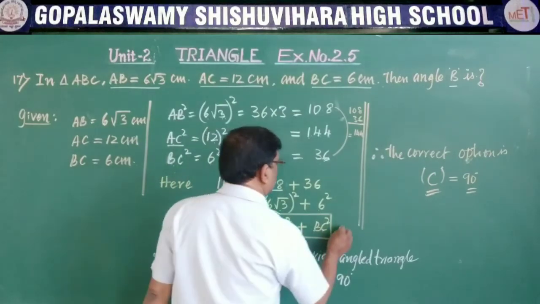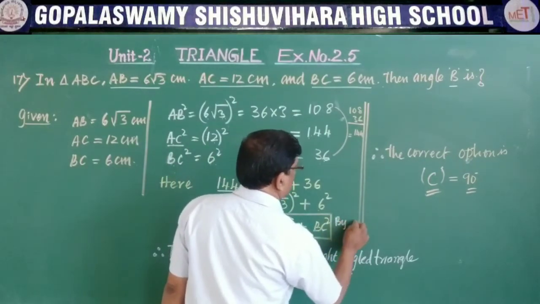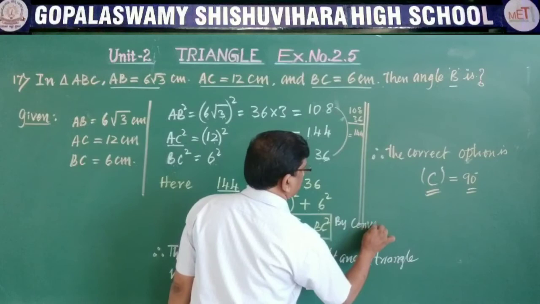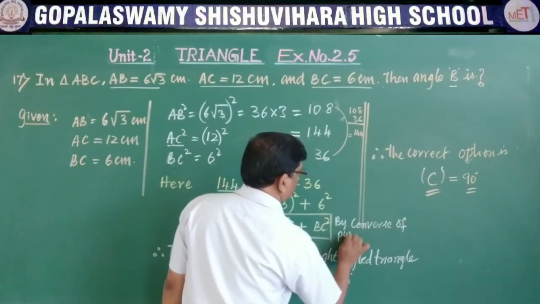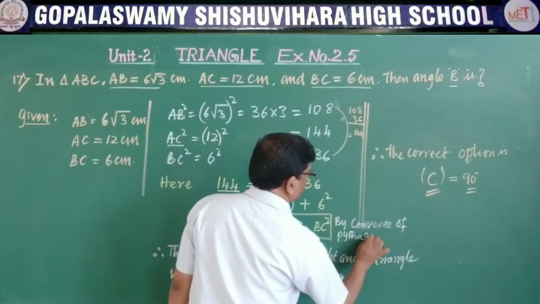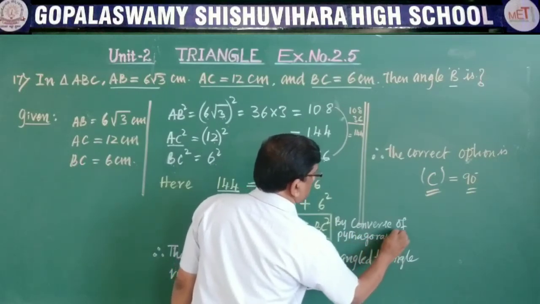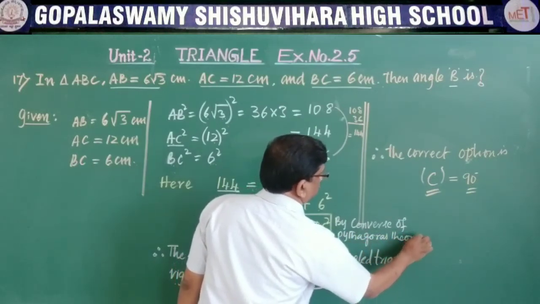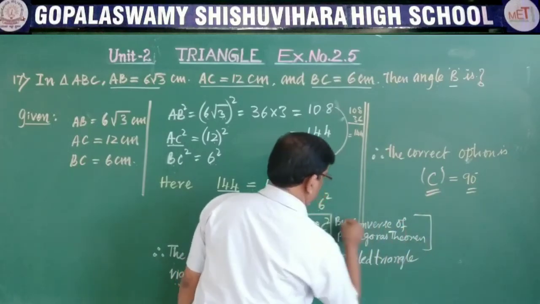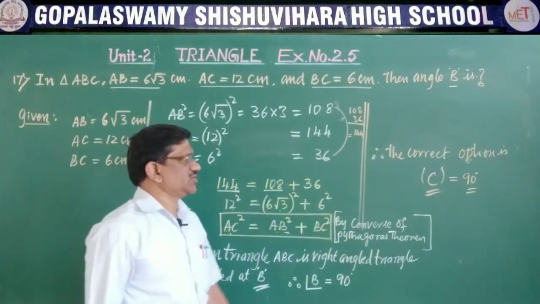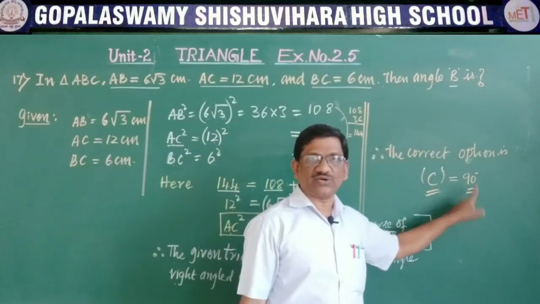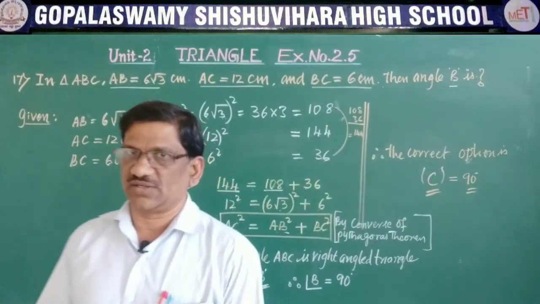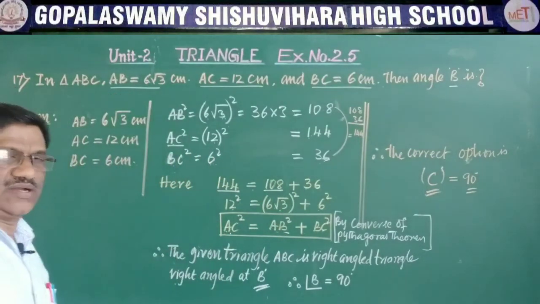So by converse of Pythagoras theorem, the correct option is C, that is 90 degree. Clear, children? Okay. Take down, children.